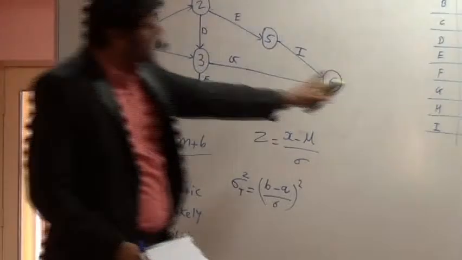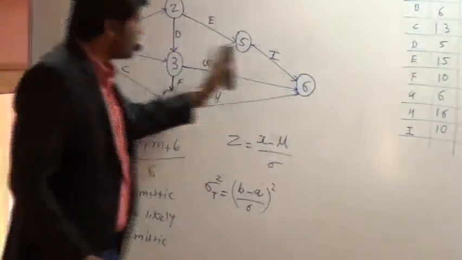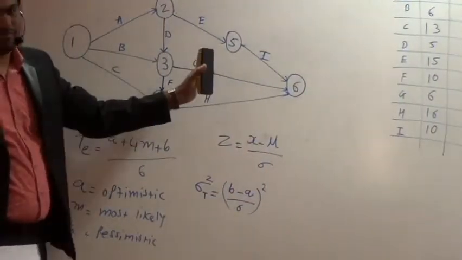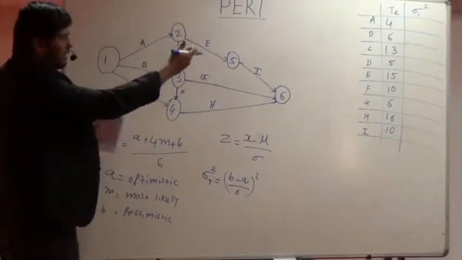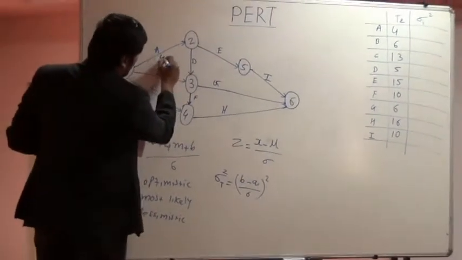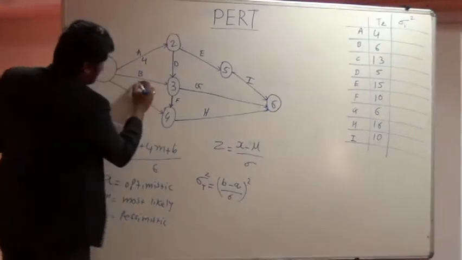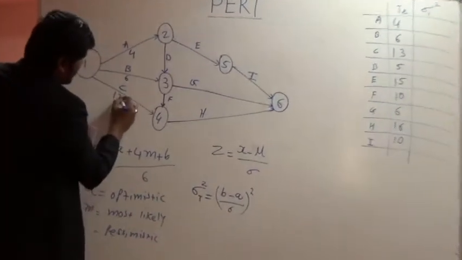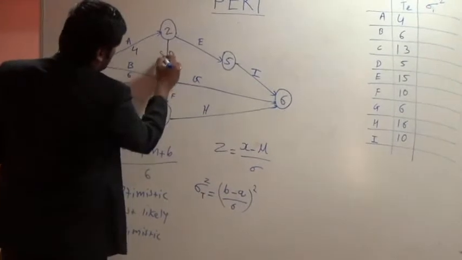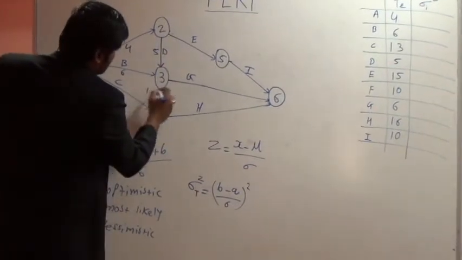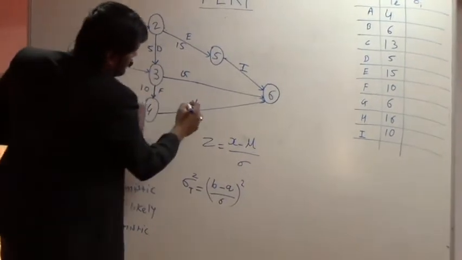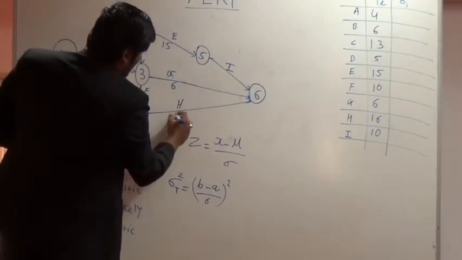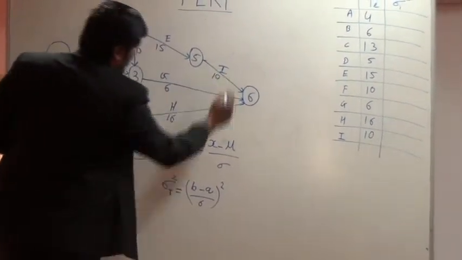Now based on the estimated time, let us first calculate the project time duration. We'll put in the time durations we have estimated: for A it will be 4, for B 6, C 13, D 5, E 15, F 10, G 6, H 16, and I 10.